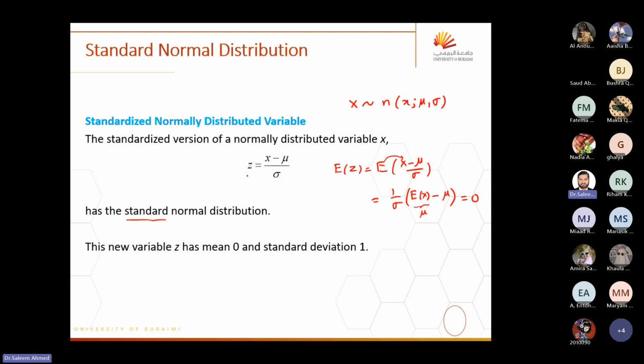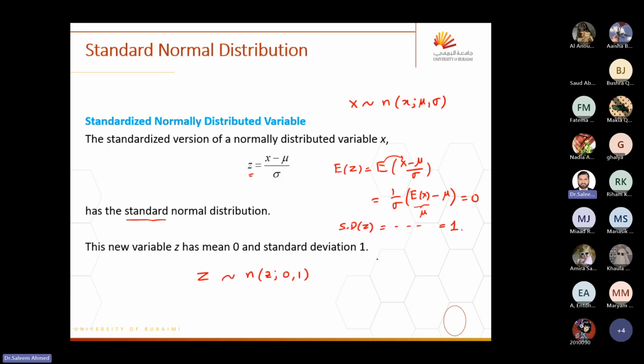So see, the mean of this variable is 0. Similarly, if you try to find the standard deviation of this z and solve it, you will see that it is always 1. So this z has a normal distribution with mean 0 and standard deviation 1. That's why it is called a standard normal distribution.